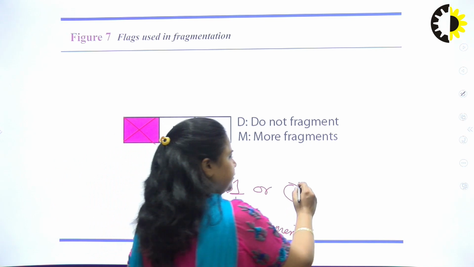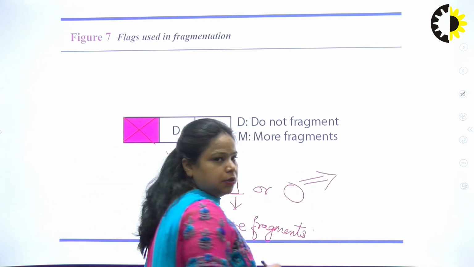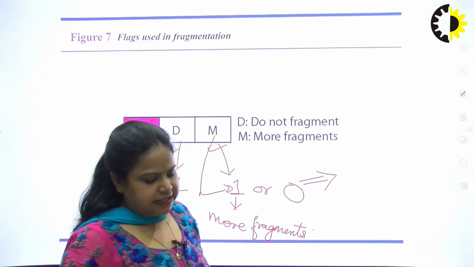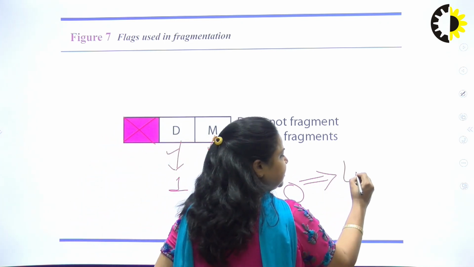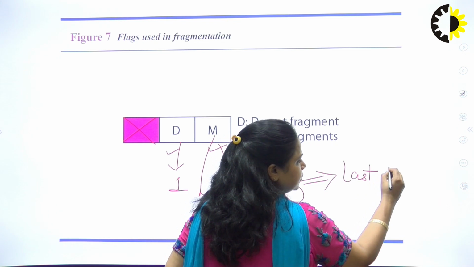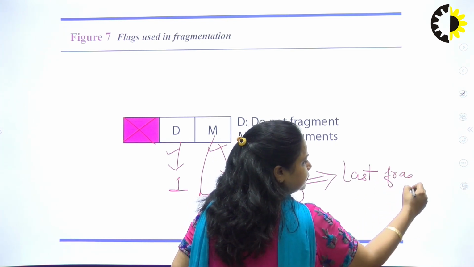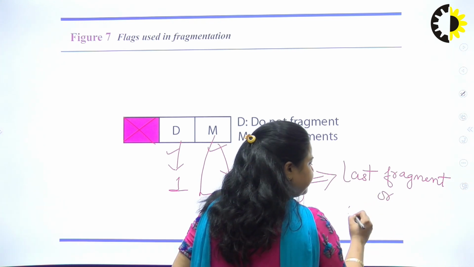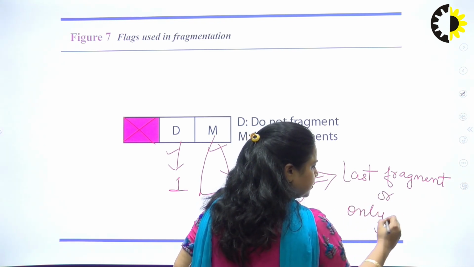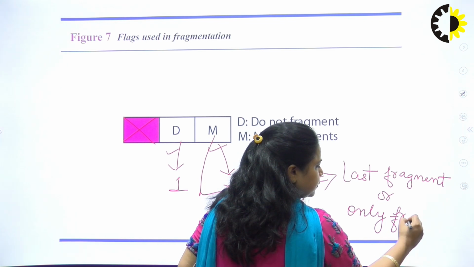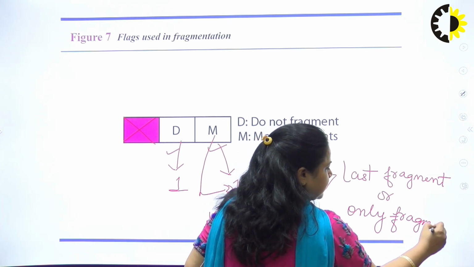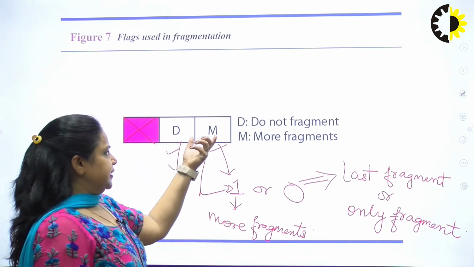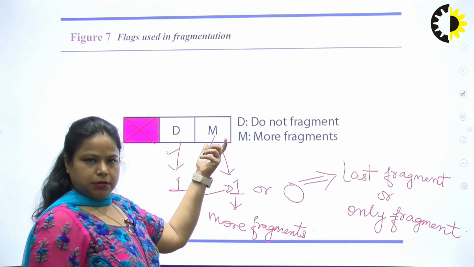And similarly, if the value of the more fragment bit is 0, this indicates that it is either the last fragment or the only fragment. Remember one thing, because initially the value is 0, right?